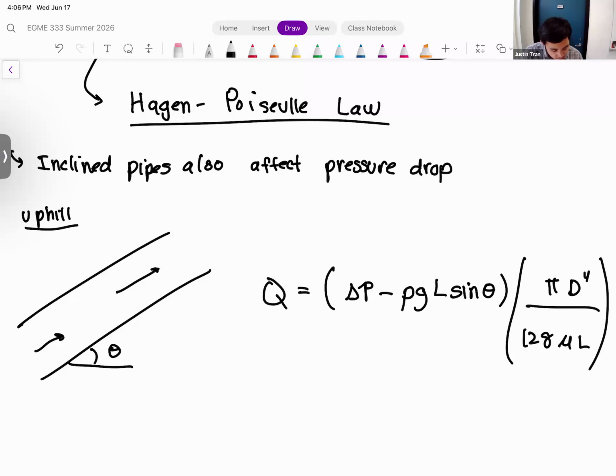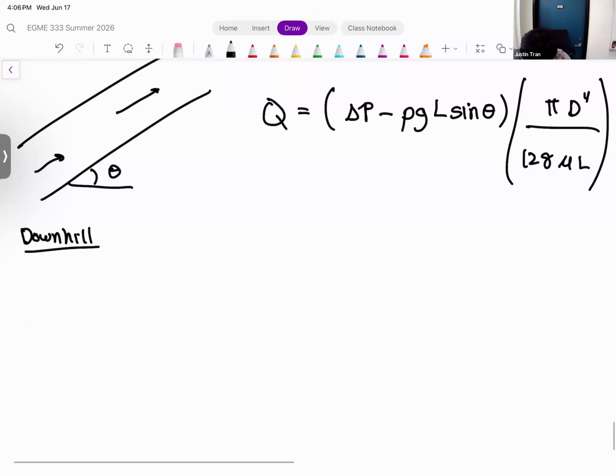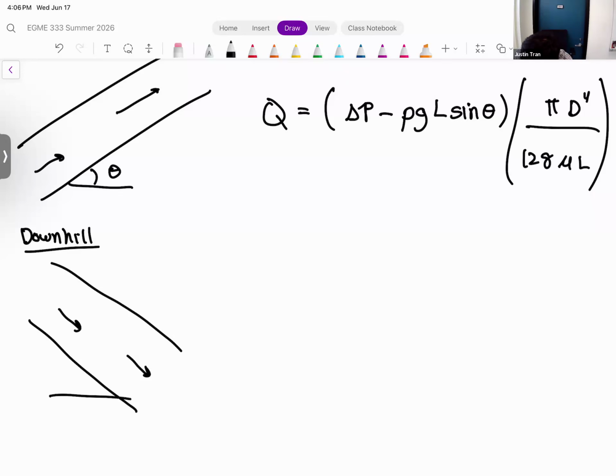We also have the relationship with downhill as well. Okay, so let's say our flow is going down a hill. So let's say that we have a situation like this, where flow is going down that way. You have some incline angle there as well. Our formula for downhill looks very similar.